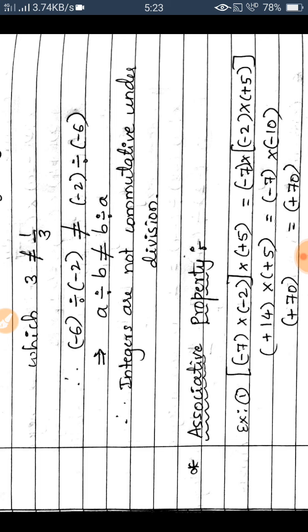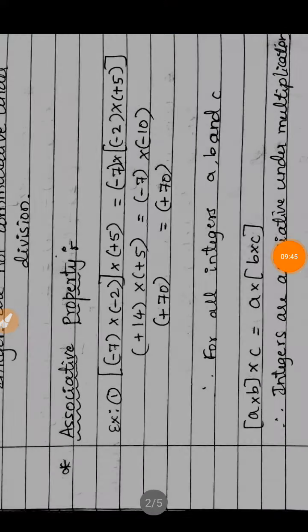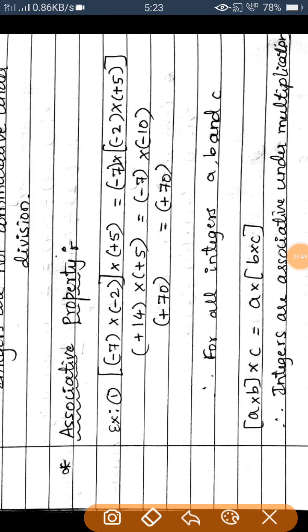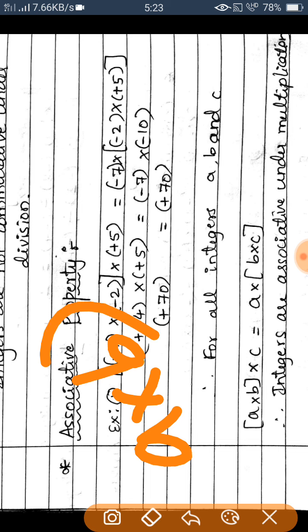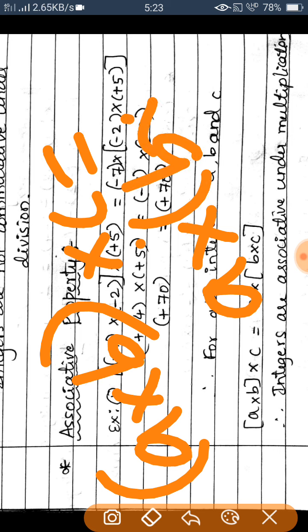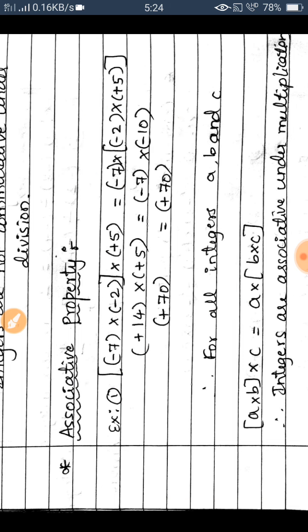You can check by other examples also. In formula form we can write (A into B) into C is equal to A into (B into C). If it comes true, then integers are associative under multiplication.